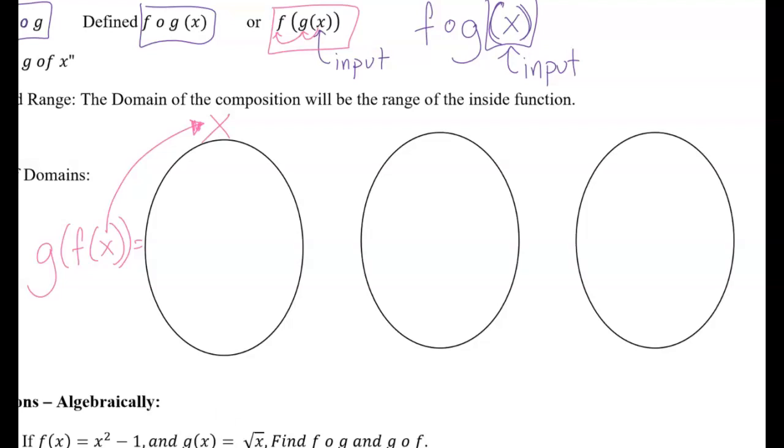Then after x, the next letter outside of x is g, meaning we are taking x and inputting it into g. So we're mapping x into g and we're outputting g of x.